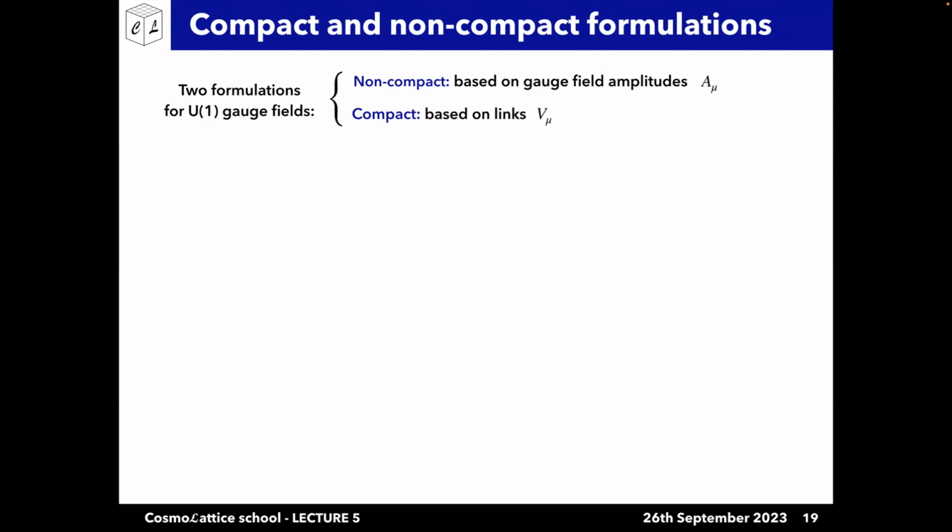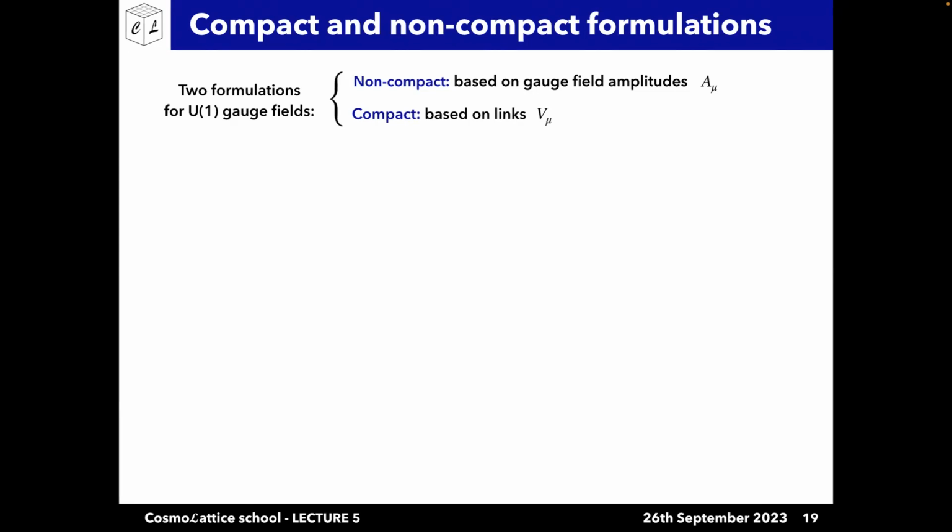So basically, there are two formulations for U1 gauge fields: the non-compact formulation and the compact formulation. The key difference is that in the non-compact formulation, what you are evolving are the gauge field amplitudes themselves.